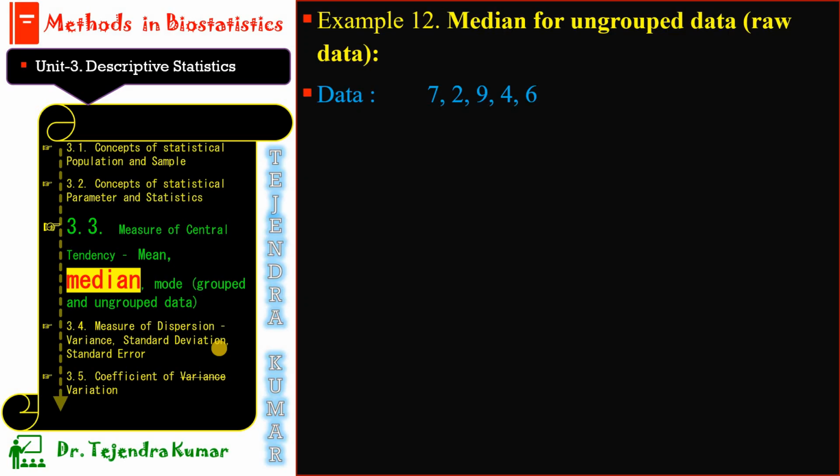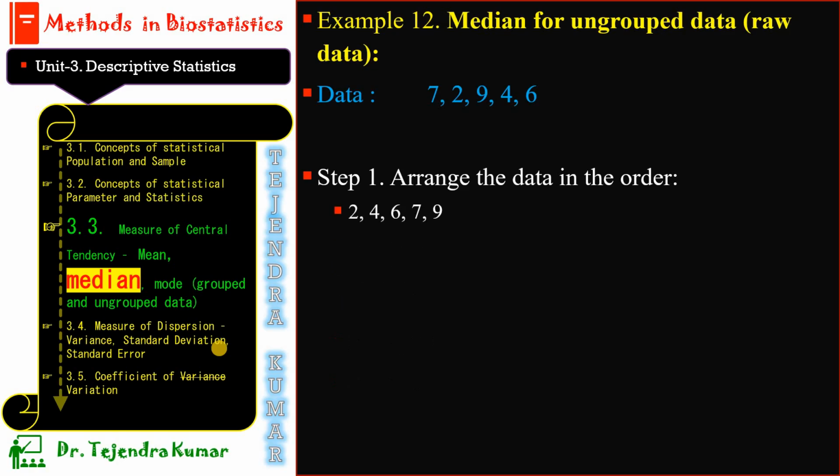Now take the examples. Median for ungrouped data or raw data. The data is 7, 2, 9, 4, 6. In that case, arrange the data in order: 2, 4, 6, 7, 9.